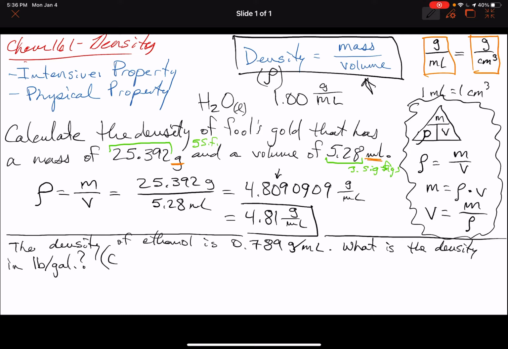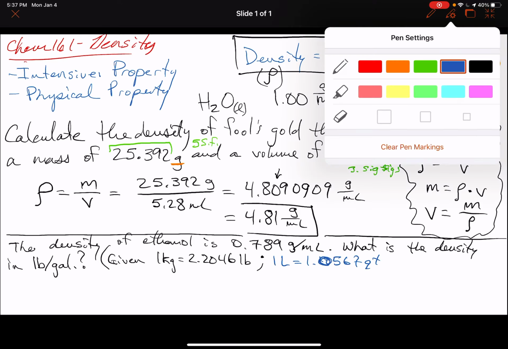Okay, and we'll provide some given information. So we know that 1 kilogram is equal to 2.2046 pounds. We also know that 1 liter is equal to 1.0567 quarts.